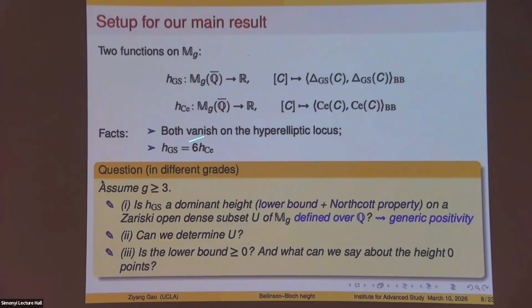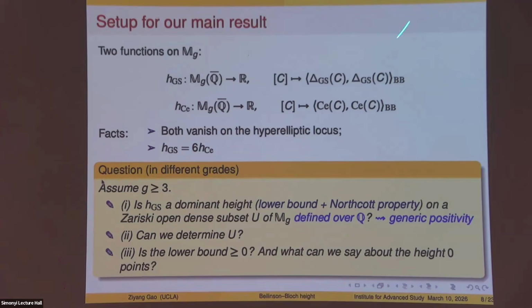And third, their heights are proportional. Maybe not really 6, but it's some number depending on g. But anyways, one is 0 if and only if the other one is 0. And if you want to study the positivity, it's enough to study whichever one you prefer.